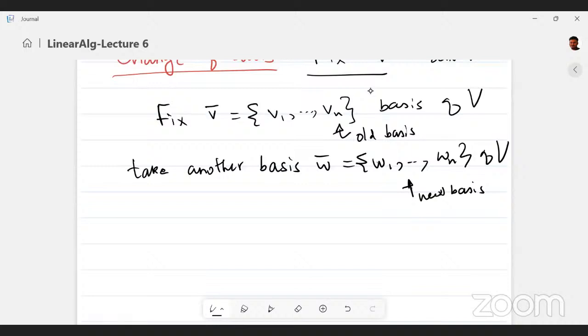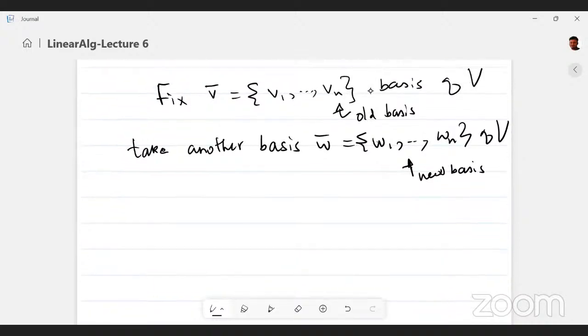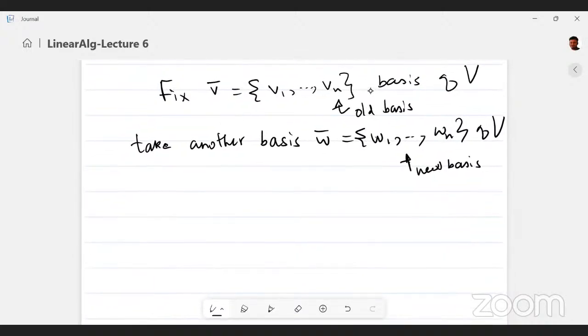So what is the meaning of that? Can we say anything about how one can write the new basis in terms of the old basis? Of course we will be able to write that. So how can we understand that transition? That's what we are trying to ask.